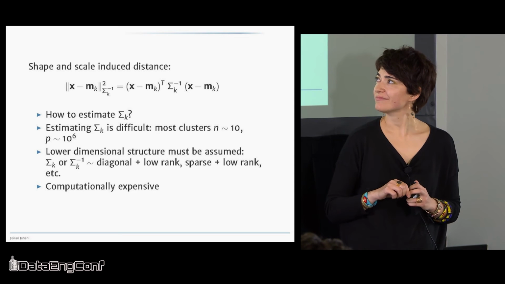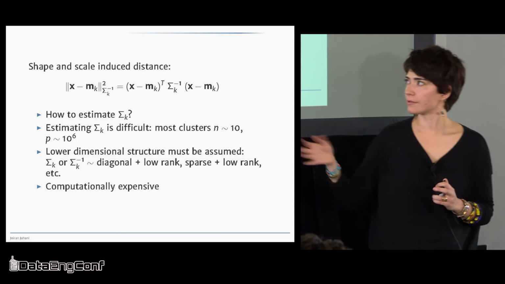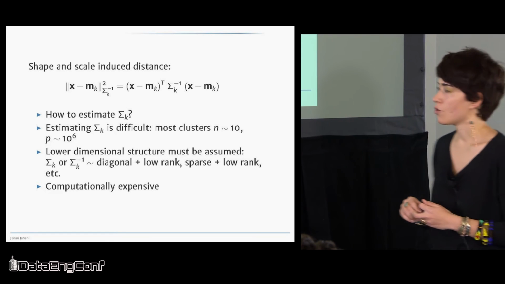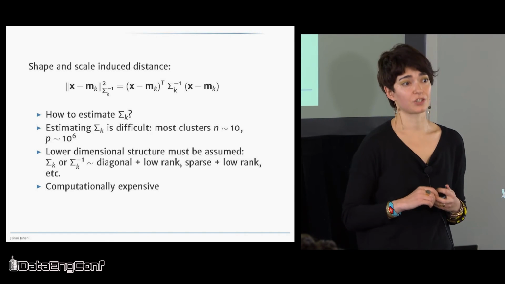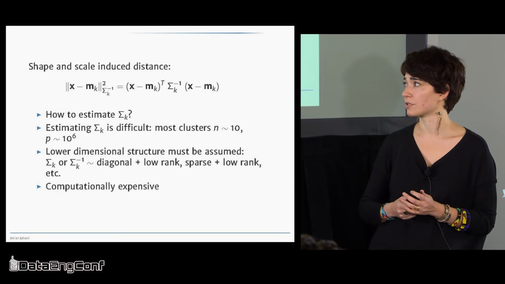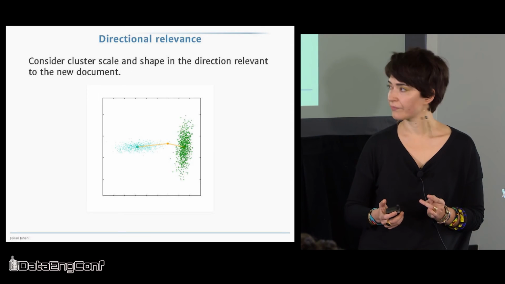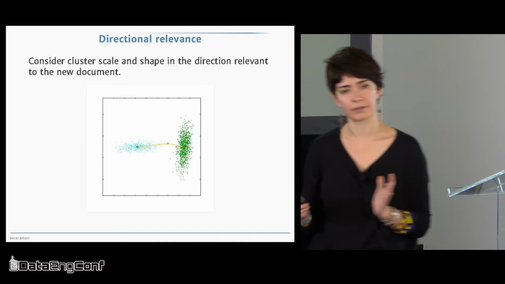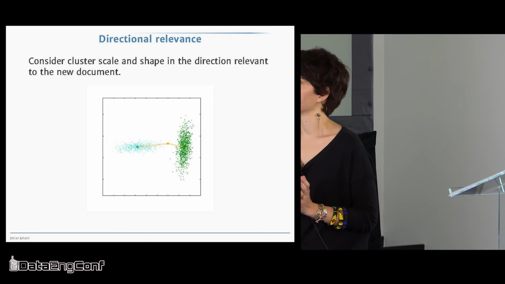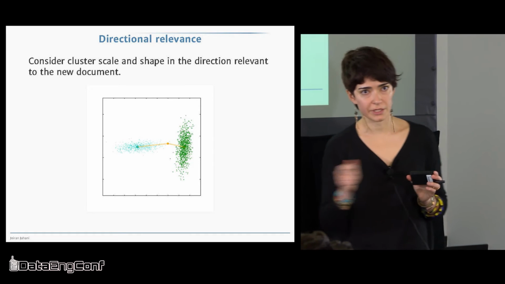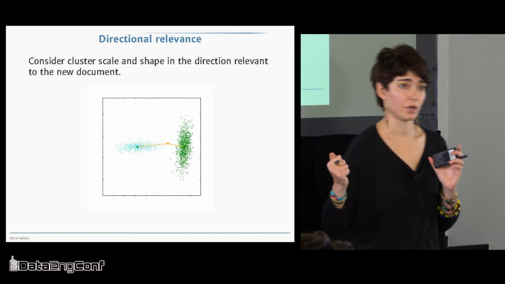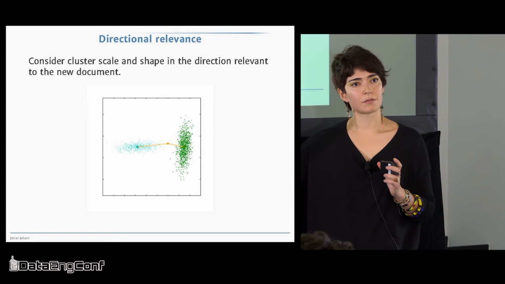But they're good, a lot of them are good for when your data is dense, or they're computationally infeasible for real-time applications. What you can do, a simple way that I can come up with, is to just calculate that cluster variation in a direction that's relevant to your new document. I'm not saying this is the best solution.